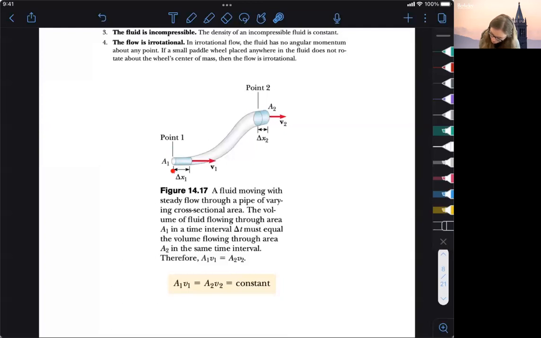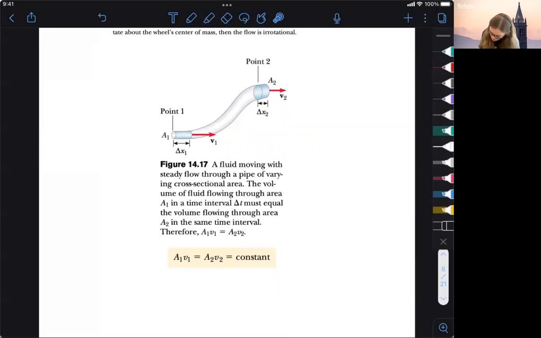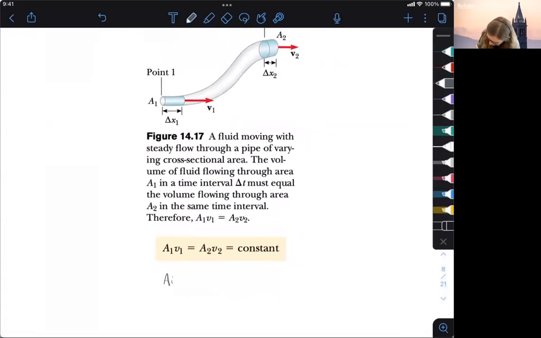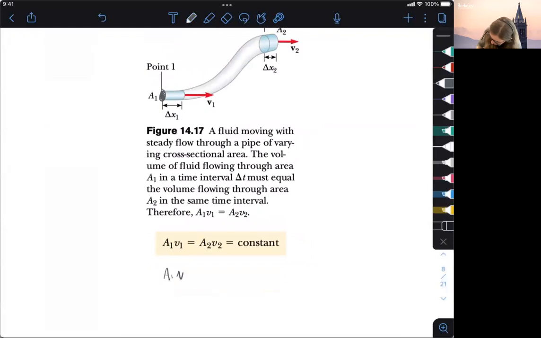Okay, this is a diagram where we have a fluid, we've moved some distance delta x1 over here, we have some velocity of the fluid here, and it's coming through a different cross-sectional area, right? It's traveling this distance delta x2, and it's coming out. So these are velocities here. The cross-sectional area 1 times the velocity 1 is going to be equal to the cross-sectional area 2 times the velocity 2.